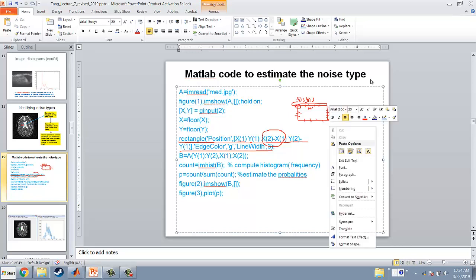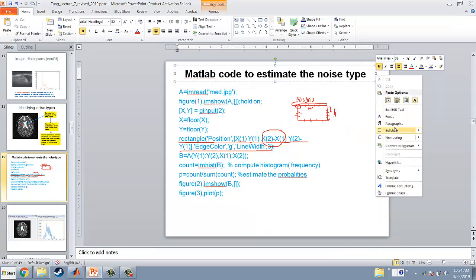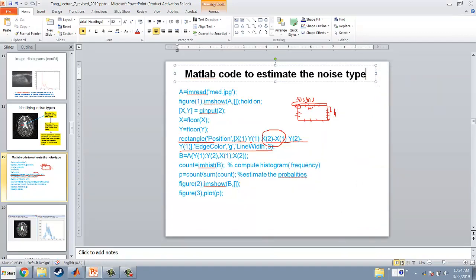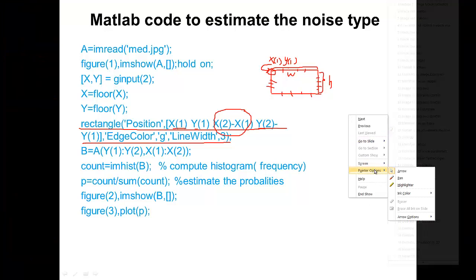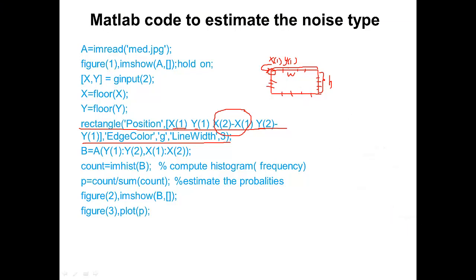Okay, let's get the pen to see. So this is x1, y1. This point will be x2, y2.